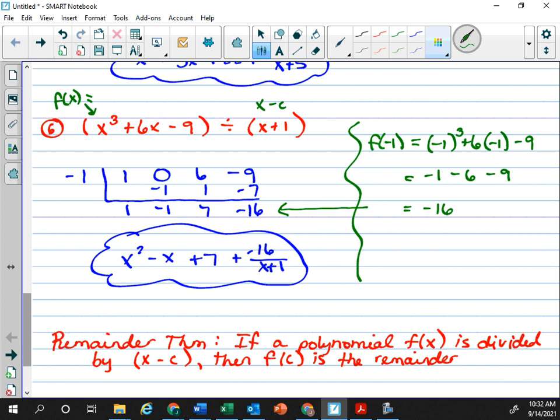Okay. And the second one is the factor theorem.